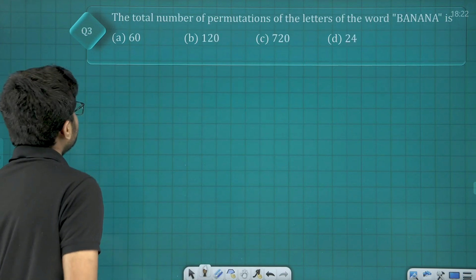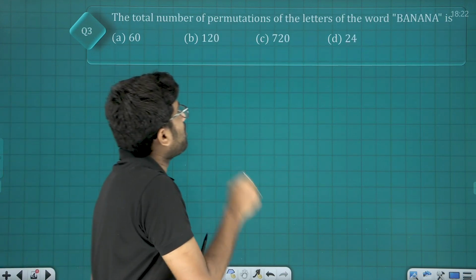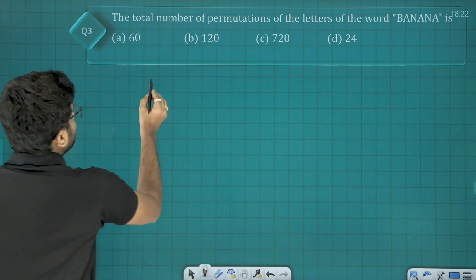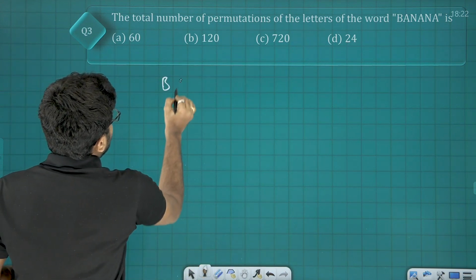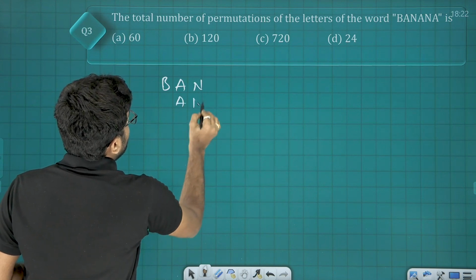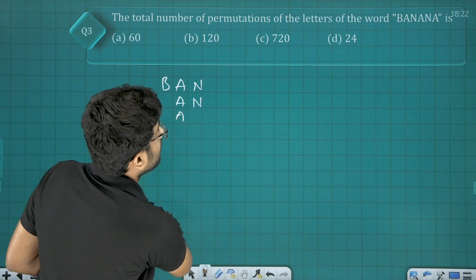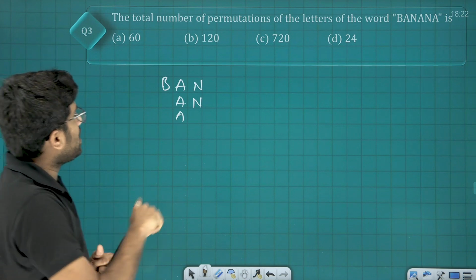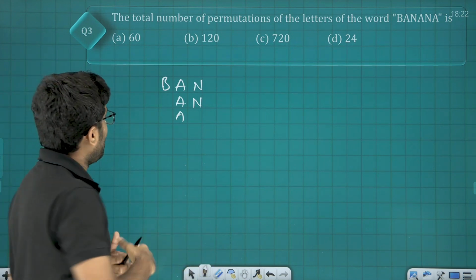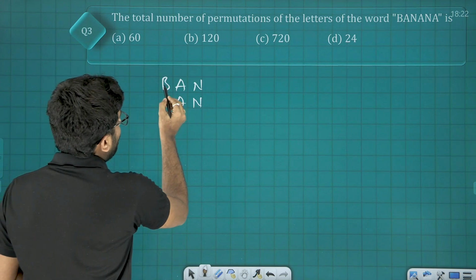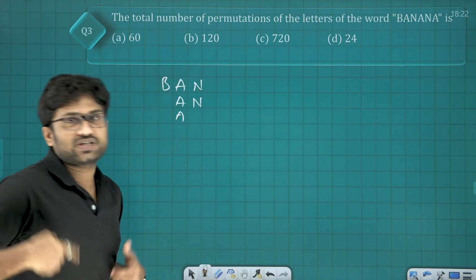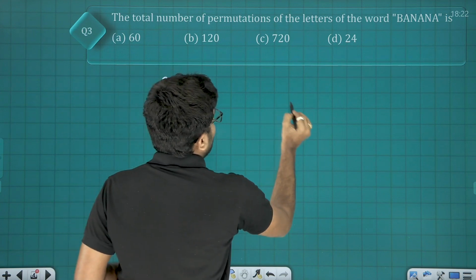Next question. The total number of permutations of the letters of the word banana. Banana has 6 letters, so the total number of permutations is 6 factorial.